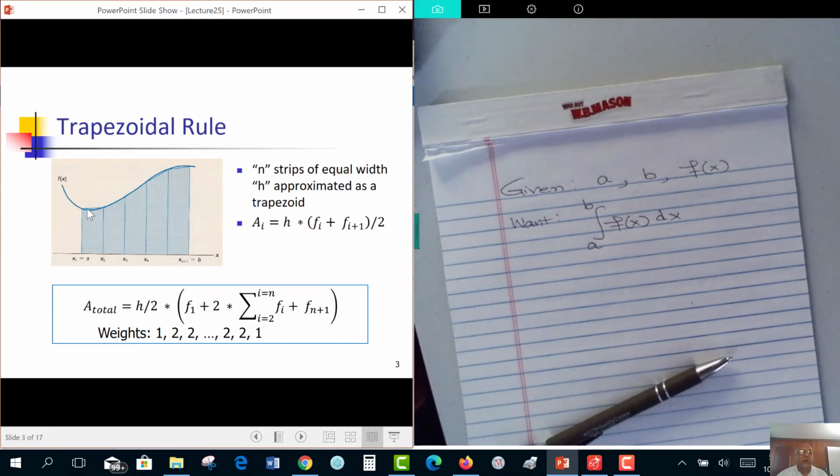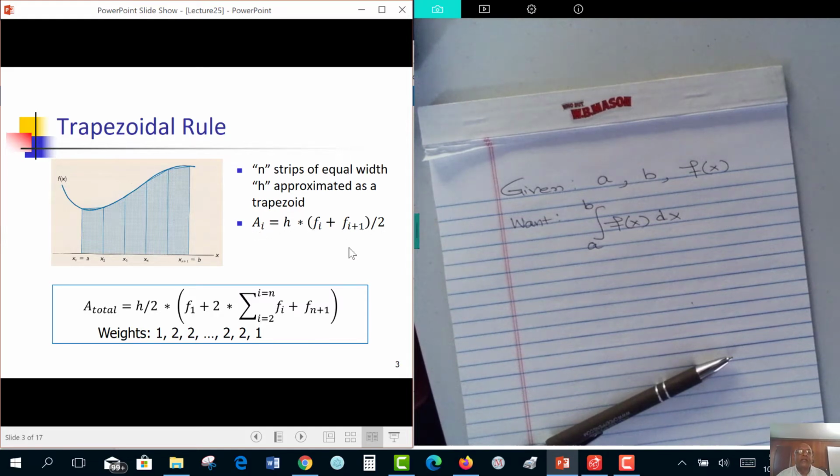Then each strip we approximate as a trapezoid. So if we look at the trapezoidal area of, say, the ith strip, it is between points i and i plus 1. We average the two function values, that's the average height of the trapezoid, times the trapezoid width. So this is one strip.